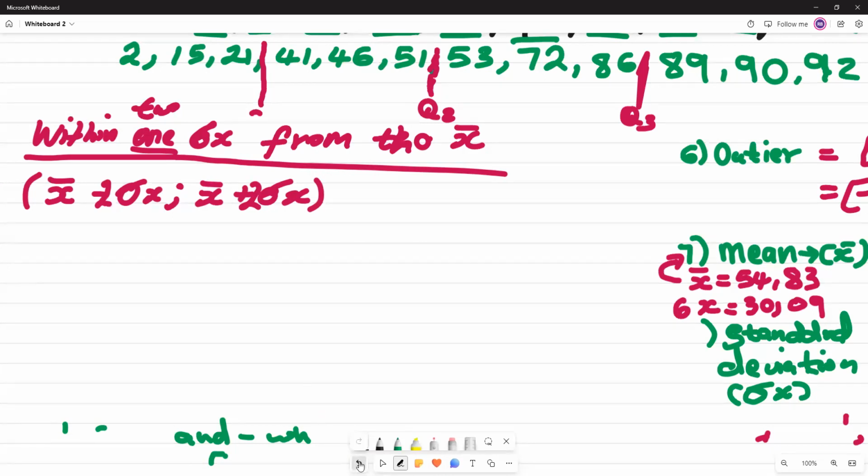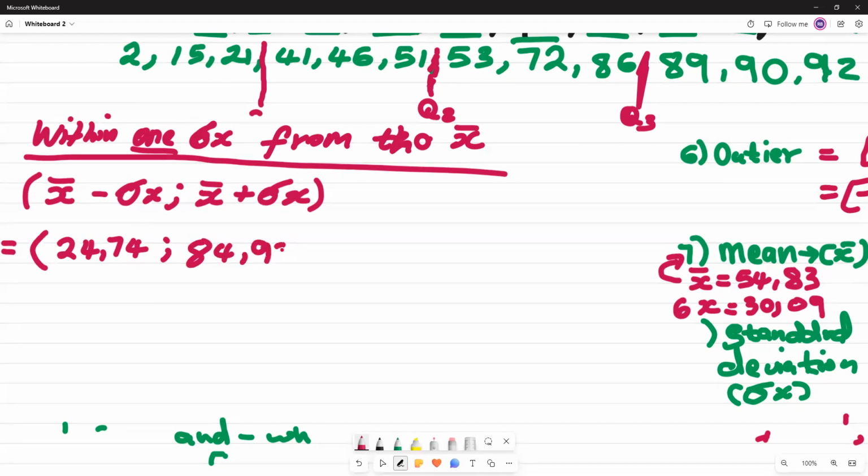Okay, perfect. So now that we're working with one standard deviation, let's get what is x bar minus standard deviation. So it's going to be 54.83 minus 30.09, which gives us the lower fence of 24.74, right? And then the upper fence, we're just gonna add the standard deviation, which gives us 84.92, right?